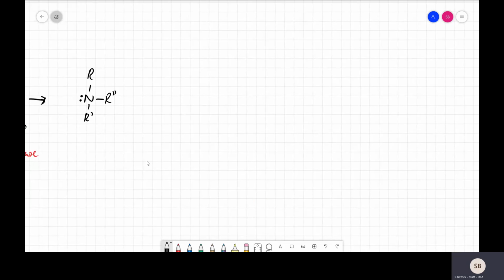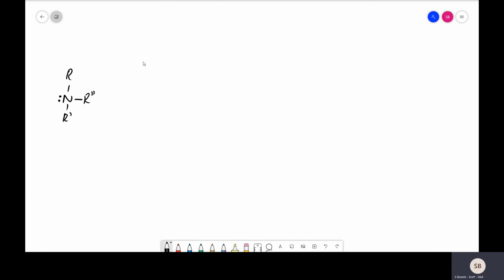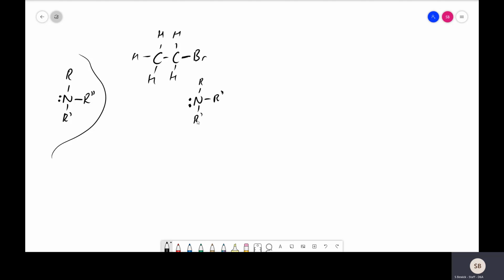But why stop there? Let's go back to our bromoethane. This time we've got our nitrogen with 3 different R groups attached to it, and therefore we call this one a tertiary amine.